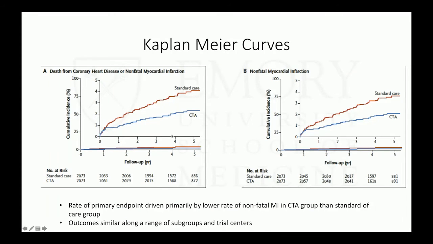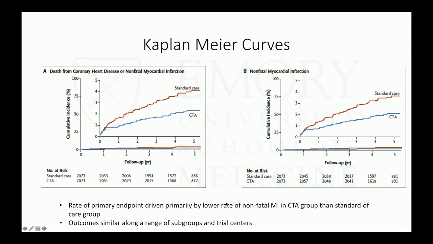These are the Kaplan-Meier curves looking at the composite primary endpoint. You can certainly say that the primary endpoint was largely driven by a reduction in non-fatal MI.